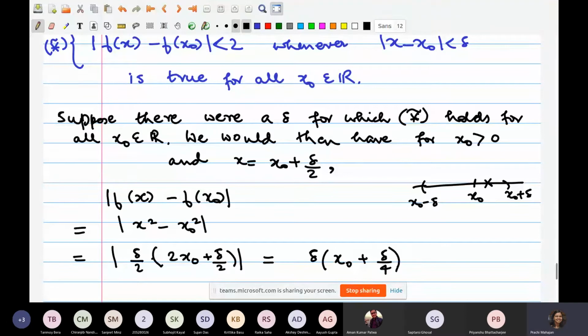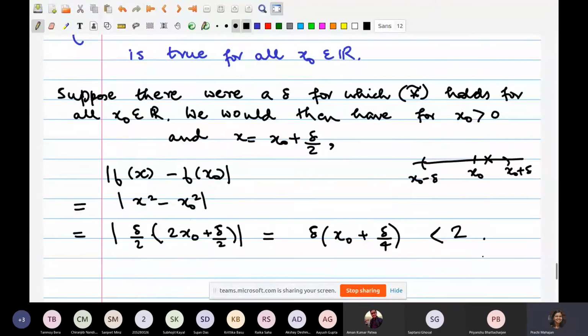Now I'm working under the assumption that statement star tilde is true, which means the distance between f of x and f of x naught is less than 2. This statement holds for x equal to x naught plus delta by 2.